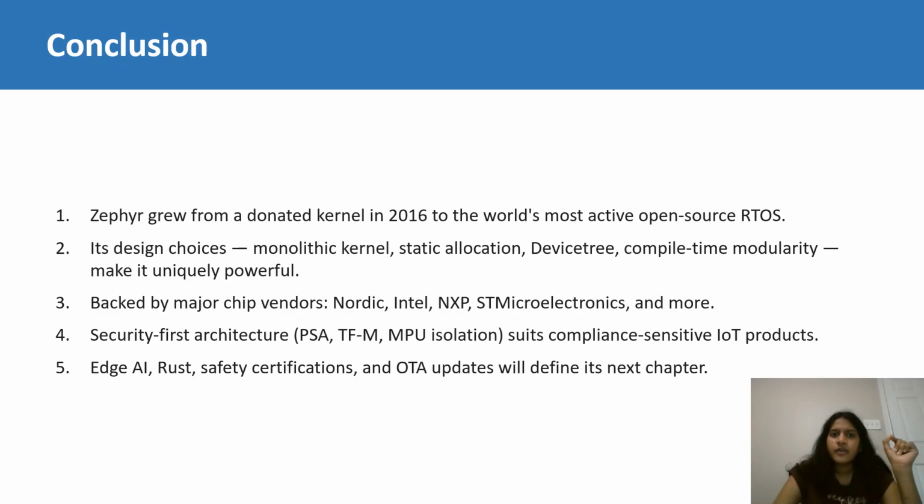Its success is not one breakthrough, it's from consistently good architectural design: a monolithic kernel with static allocation, device tree based hardware abstraction, compile time modules, and an Apache 2.0 governance model that keeps it vendor neutral, with backing from Nordic, Intel, NXP, ST, and other companies. And with Edge AI, Rust, and safety certification on the roadmap, Zephyr is well positioned to be the standard RTOS for the next generation of connected embedded products.